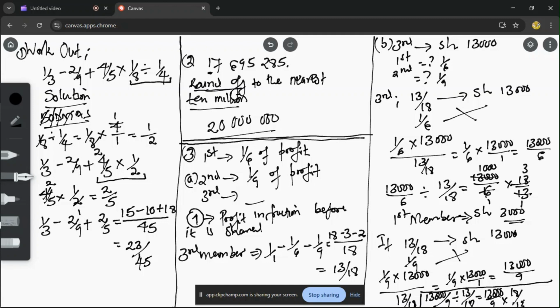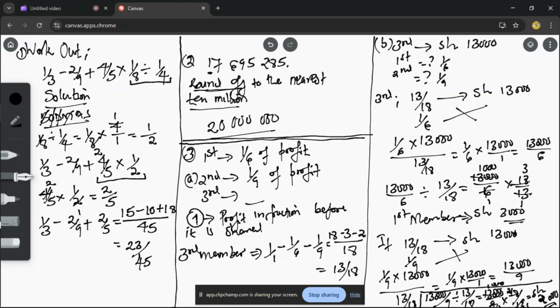And you can see by this, 13 by 13 is 1, 1,000. Then by 9, 1 by 9, we're having 2. So this is 1,000 multiplied by 2 becomes shillings 2,000. So this is 2,000. Sorry for congesting that.